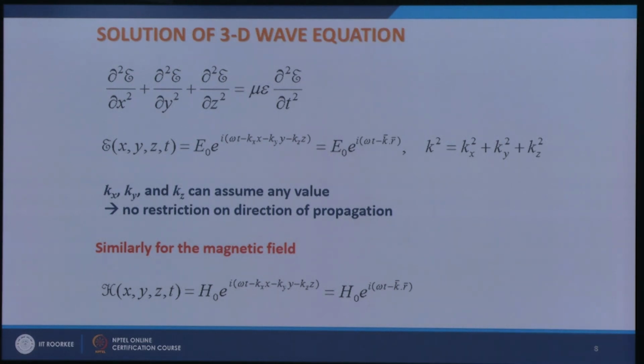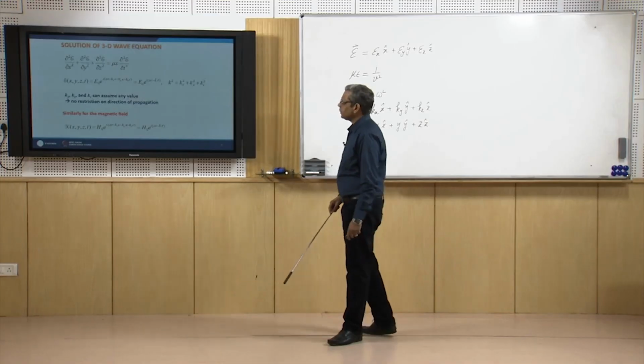So for a light wave I have now got the associated electric field, which is represented by this, and the associated magnetic field, which is represented by this. These are of course the scalar components. The same solutions hold for Ex, Ey, Ez and Hx, Hy, Hz.